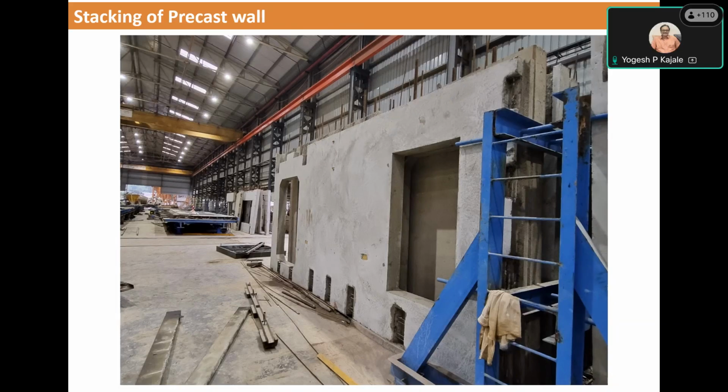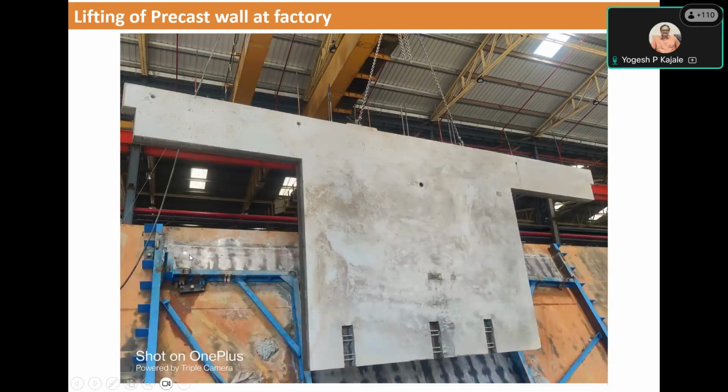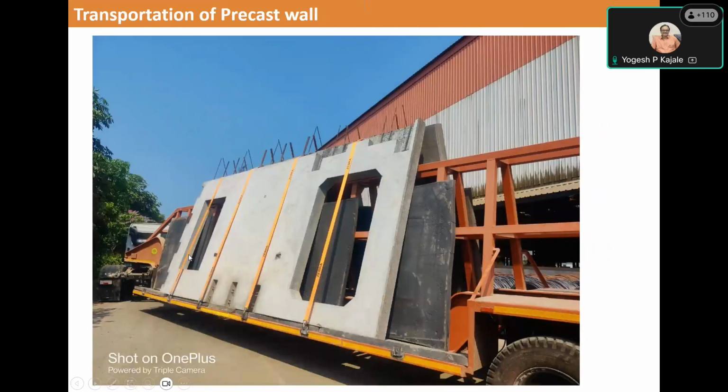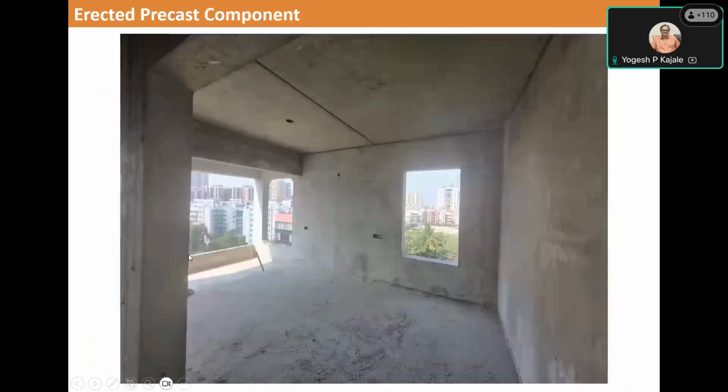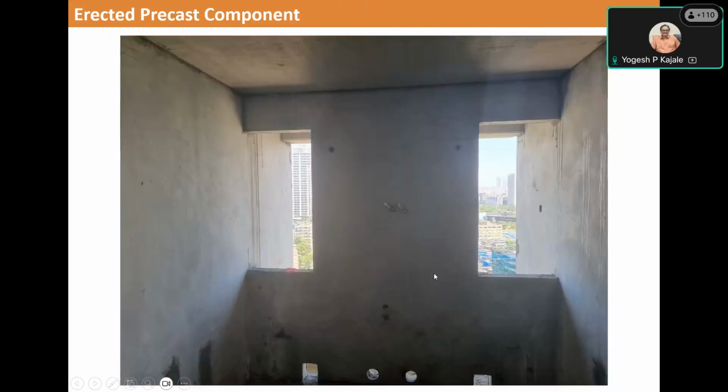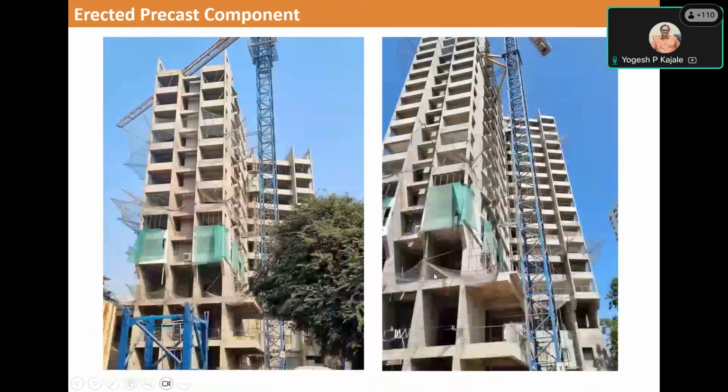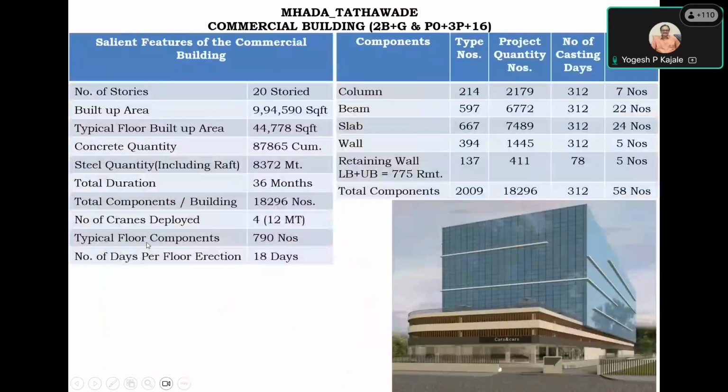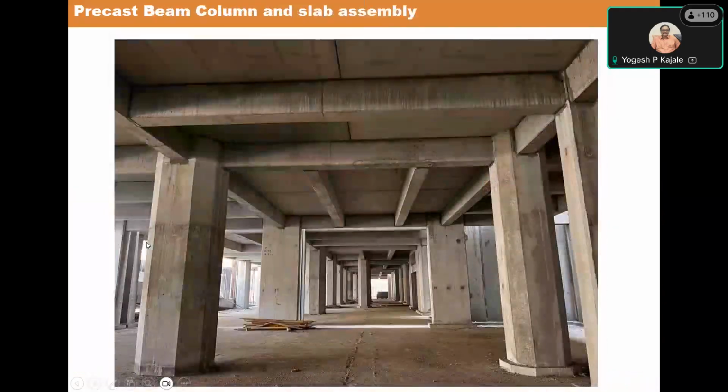The system basically, here, you will see on the screen how the manufacturing happens. There is a pallet, a 3.5 meter by 12 meter long pallet wherein the elements are cast.